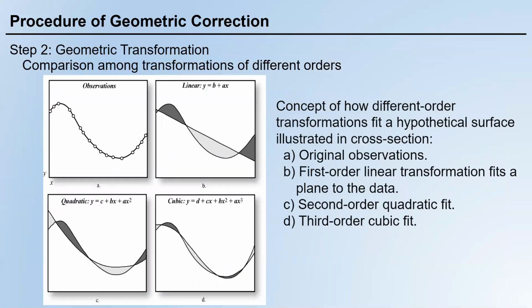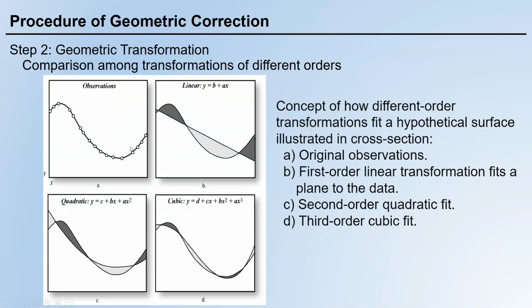So let's get back to that question. Which one should I use? First order, second order, or even higher order? Here are some comparisons. Here, we're not talking about a remote sensing image. I'm using this curve to address the difference among polynomial equation sets with different orders. This is the curve we want to simulate or fit using polynomials.